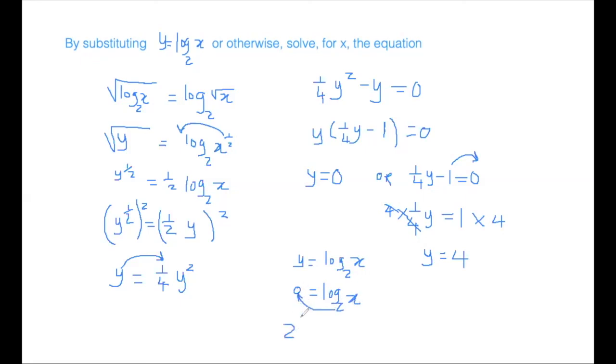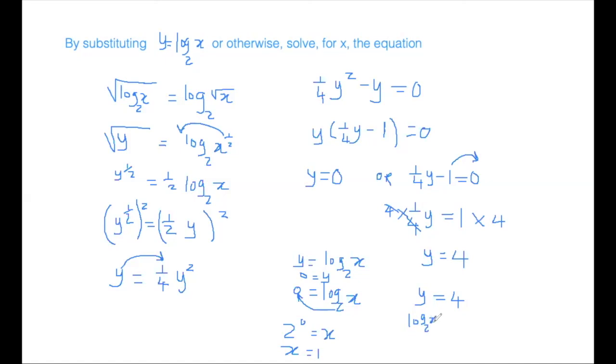Now writing in exponential form, 2 is the base, 0 is the power, is equal to x, and x is equal to 1. Applying the same case, so y equal 4, it means we're going to replace y with 4.